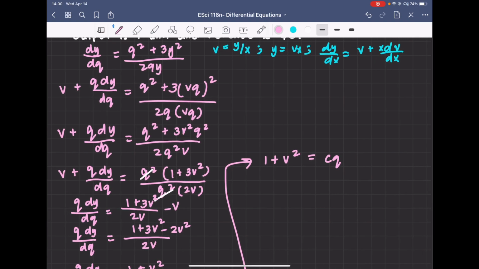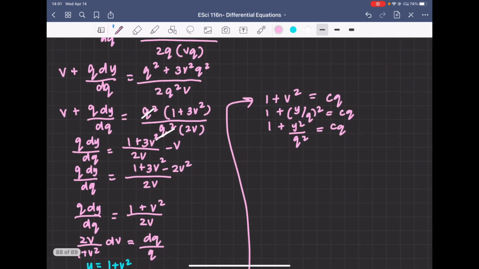Plugging in our values for v, that's 1 plus (y over x) squared equals cq. Our x is not x, that's supposed to be q. That's 1 plus y squared over q squared equals cq.